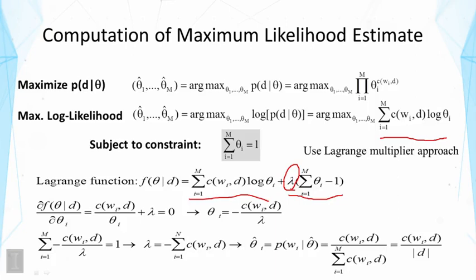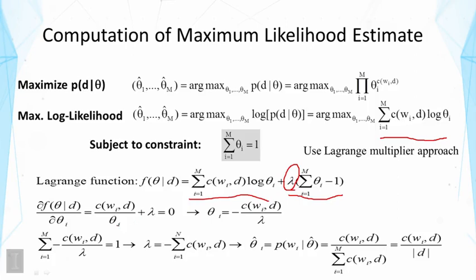Now, the idea of this approach is just to turn the constrained optimization into, in some sense, an unconstrained optimizing problem. So now we are just interested in optimizing this Lagrange function. As you may recall from calculus, an optimal point would be achieved when the derivative is set to 0. This is a necessary condition.